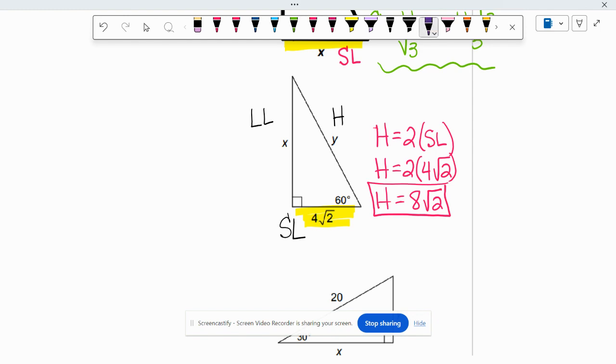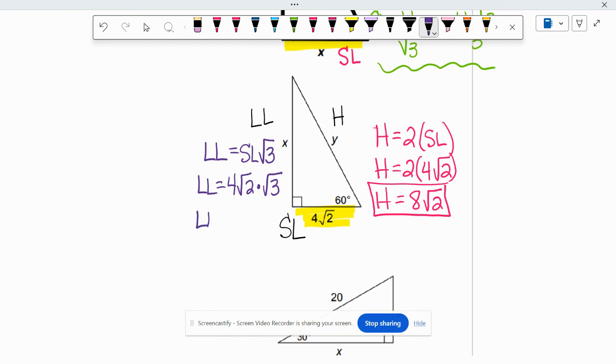I also know that if I'm given the short leg, I can figure out the long leg, because the long leg equals the short leg times the square root of 3. So my long leg equals my short leg, which is 4 times the square root of 2, times the square root of 3. Remember that you can multiply square roots times square roots together.